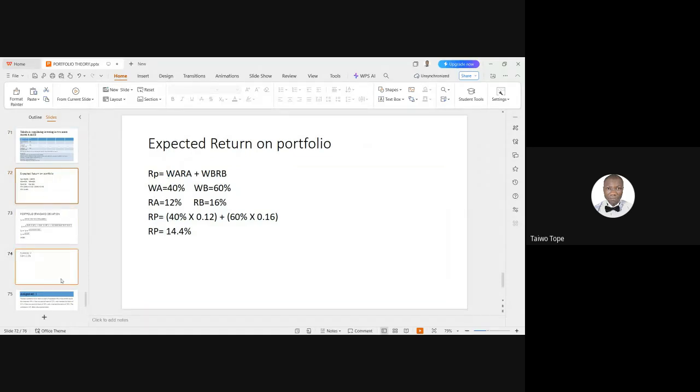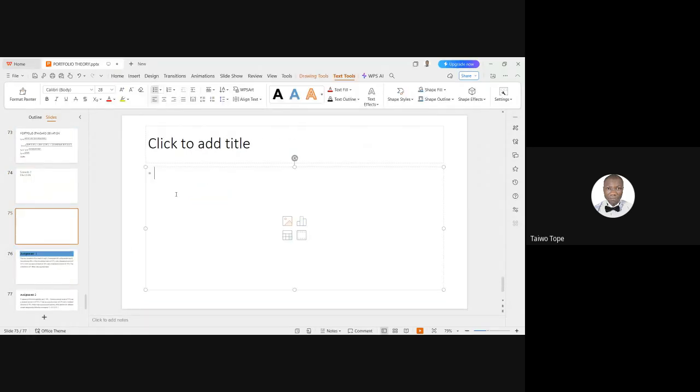To compute your alpha, even though I've stated the formula, let's see it. Alpha is equal to forecasted return minus CAPM return.